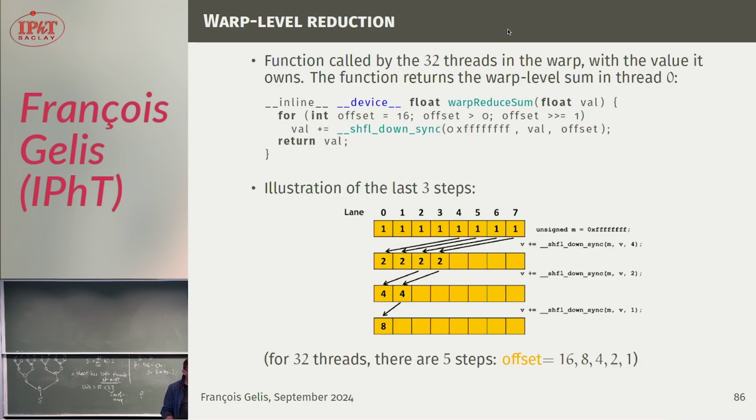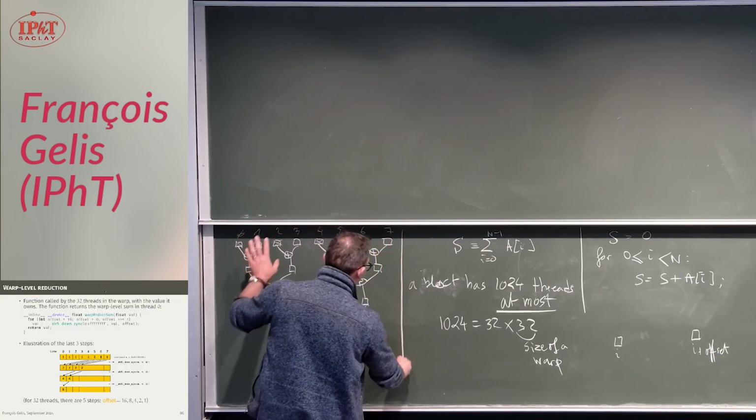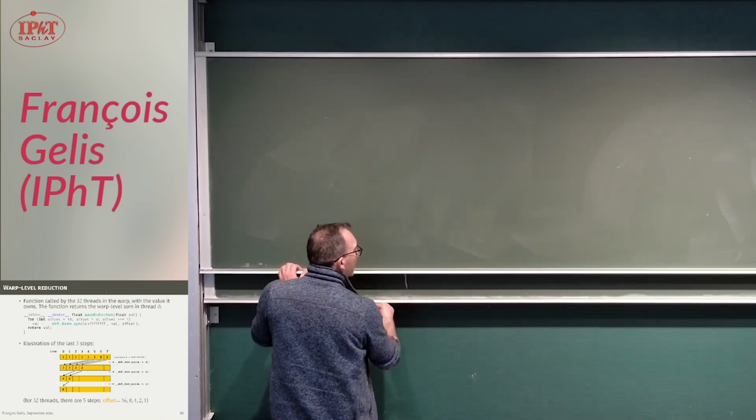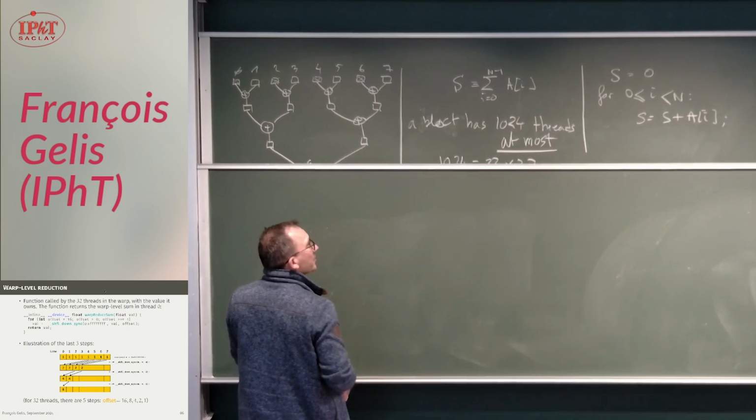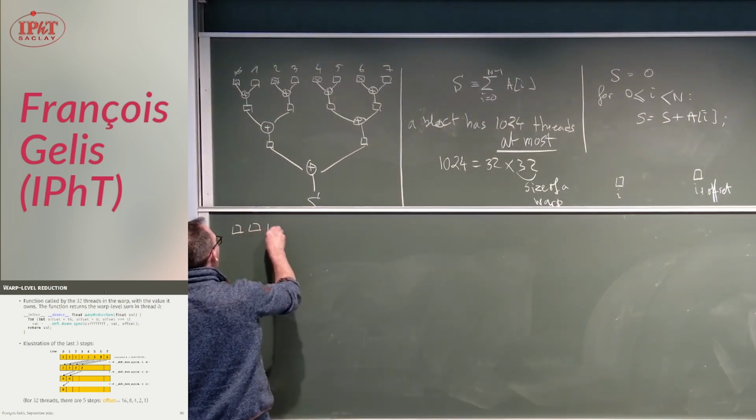In principle, just looking at the example, it doesn't matter which offset you use, right? No, the offsets are powers of 2. So this was to explain what's the best algorithm you can achieve, but the tree is organized in a slightly different way. The way this function works is that you have your 8.